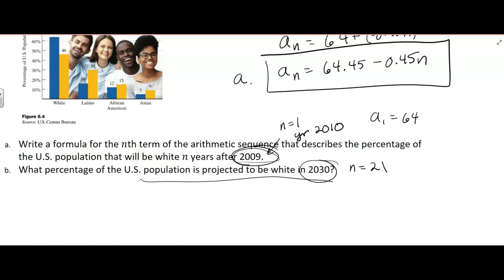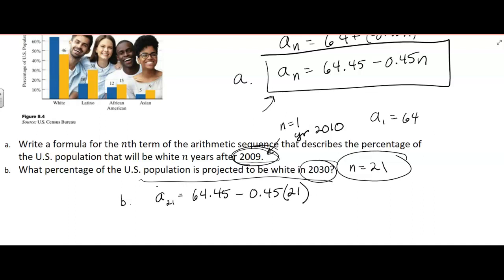Okay. So now we want to find what percentage of the US population is projected to be white in 2030. So our n is 21. We're going to use the formula that we just created. We're going to say a sub 21 is equal to 64.45 minus 0.45 times 21.